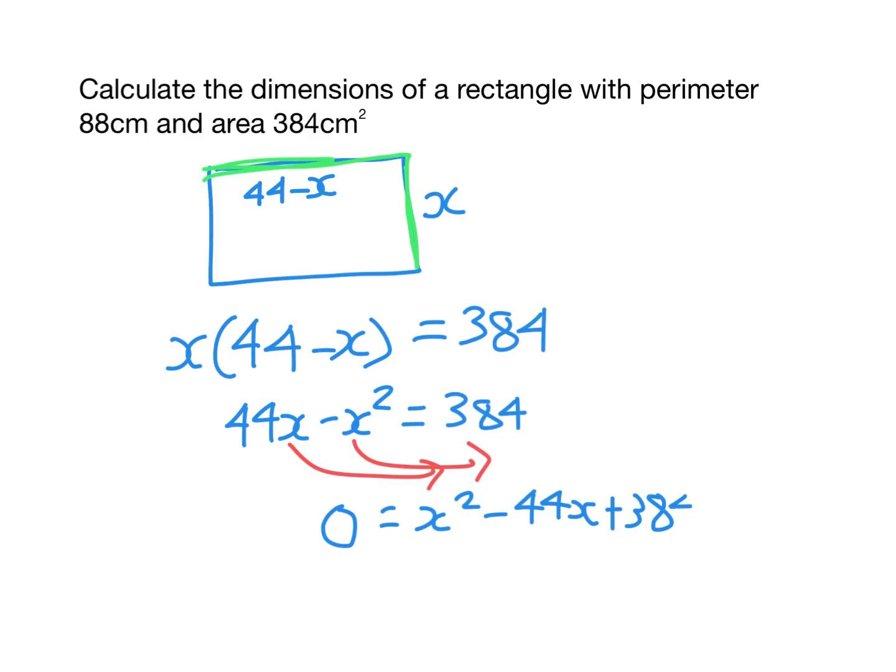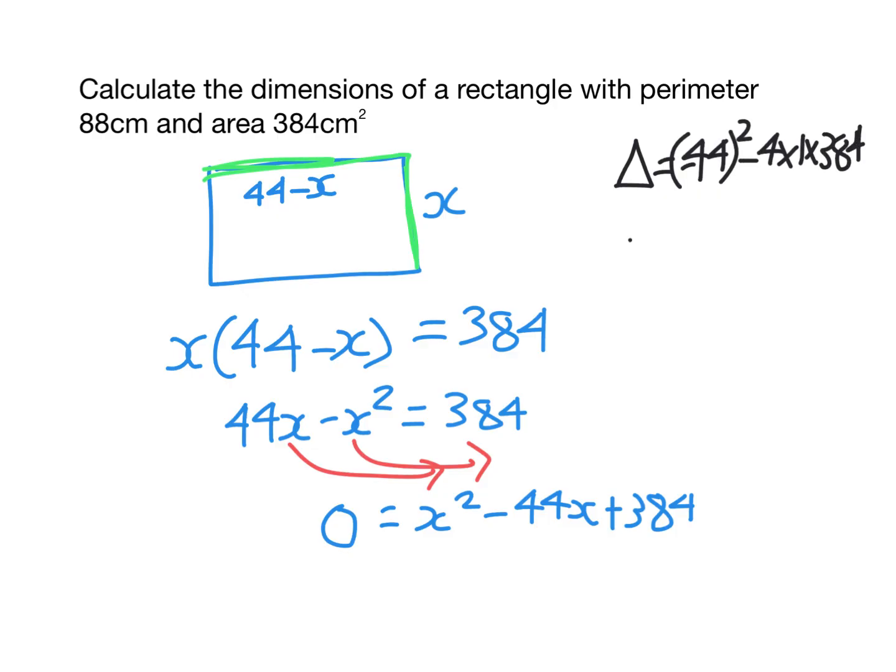Now, if the numbers are big here, like 384, it might have lots of factors. So rather than wasting your time trying to go through the factors of 384, let's just use the quadratic formula. So to use the quadratic formula, we're first going to calculate the discriminant. So discriminant is b squared, so negative 44 squared, minus 4 times a times c.